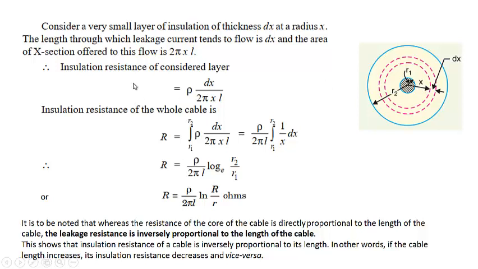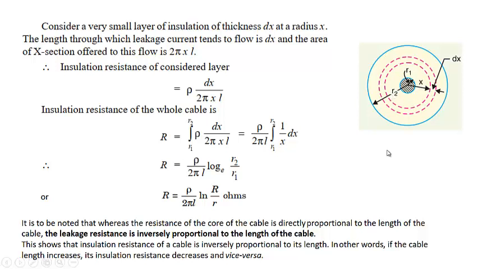So the insulation resistance of this layer, let's call it dR, is equal to rho. It will be independent of the length and the area, it will be as it is. It will be equal to dx, that is the length from here to here, because current will flow from this point to this point in this elemental part, dx, divided by the area normal to this current, which the current faces.